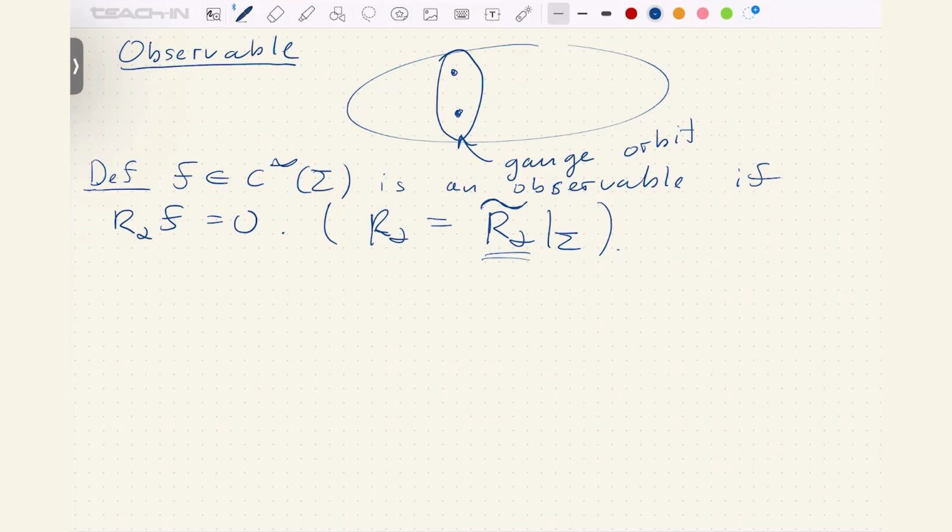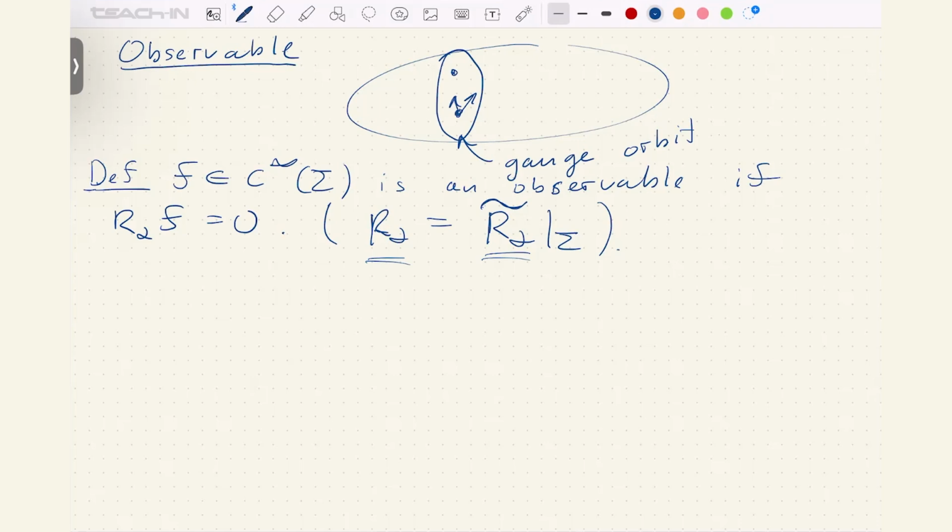That's why restriction is well defined, right? So we are talking about functions which are annihilated by these vector fields. And the idea is of course quite clear, because these vector fields R alpha are precisely the ones which are tangent to the orbit, right? Because our orbit is generated by the flow of these vector fields R alpha.